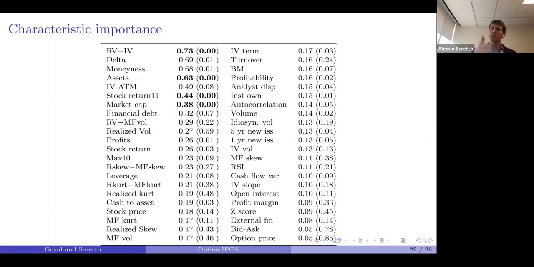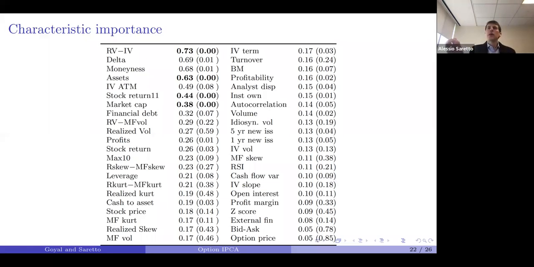So for each characteristic, we add up the absolute value of the gammas across the factors, and then we order them in terms of magnitude. The idea is that the higher the absolute gamma is, the more important that characteristic is to determine the beta of the factor.